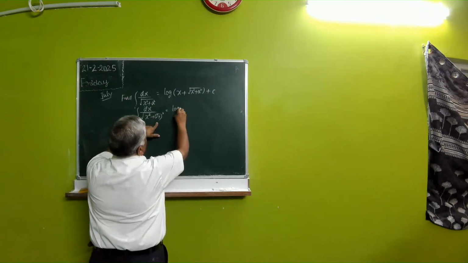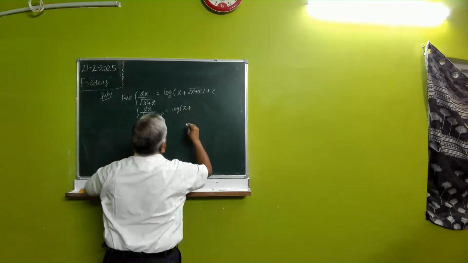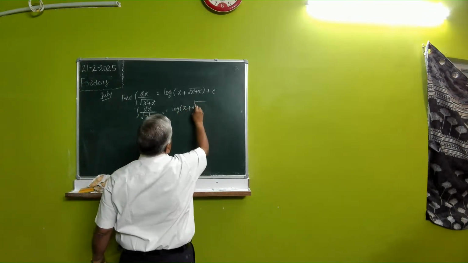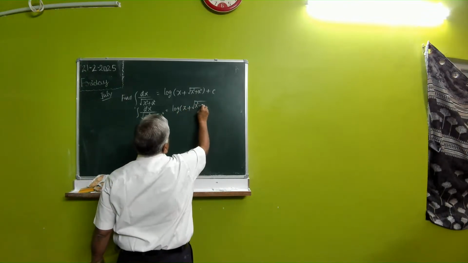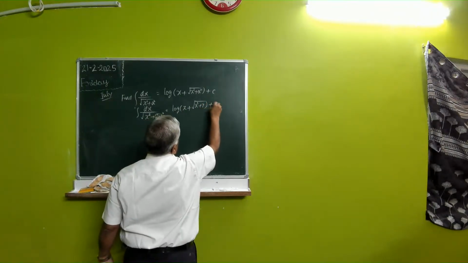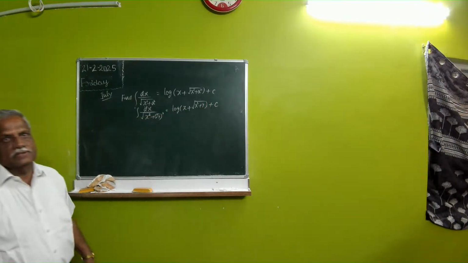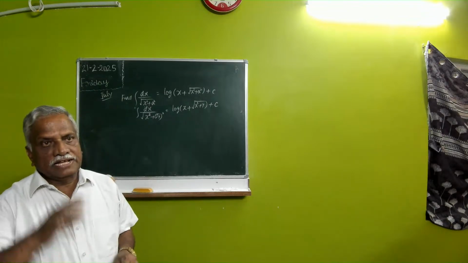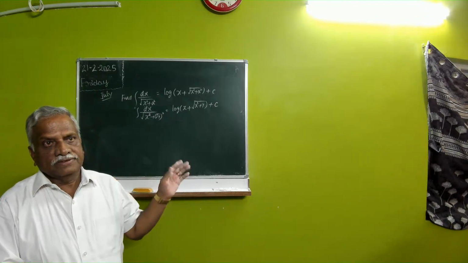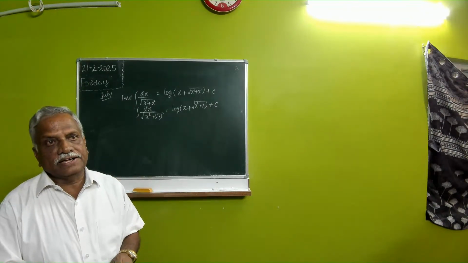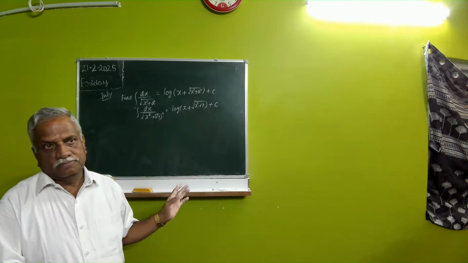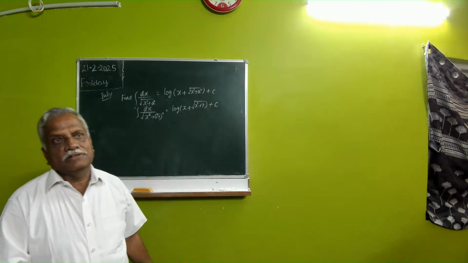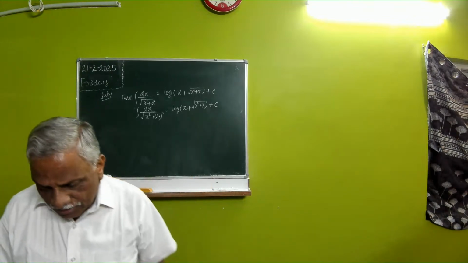Let us use this formula: x plus root of x square plus a square, that is 7. So in almost every year, when they give a 5 marks question, they will give you a standard integral which you have got to prove and then use for the given problem.